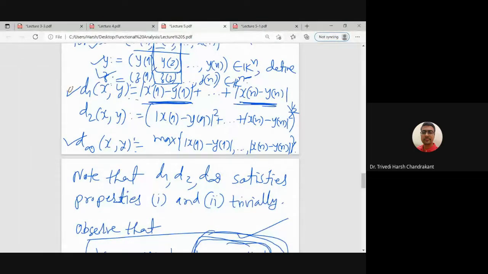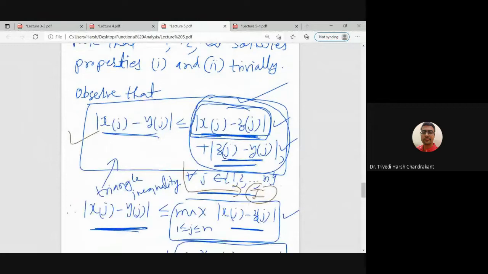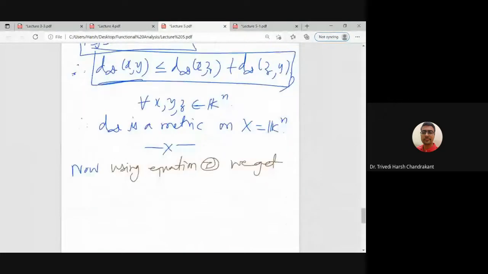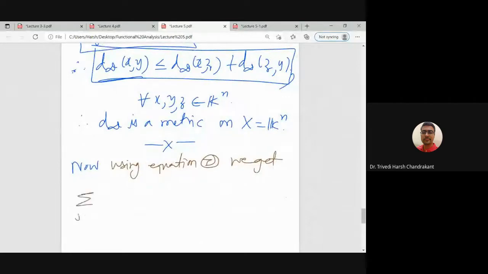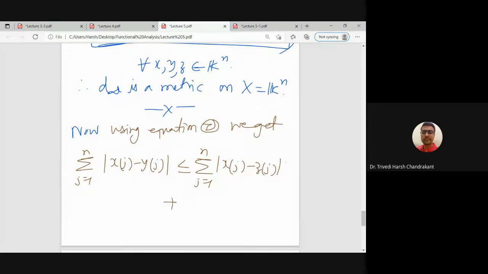So in the first metric we need to add all these coordinates. So if we take the summation on both sides, what we get is the summation over j equals 1 to n of |xj minus yj| is less than or equal to the summation of |xj minus zj| plus |zj minus yj|.